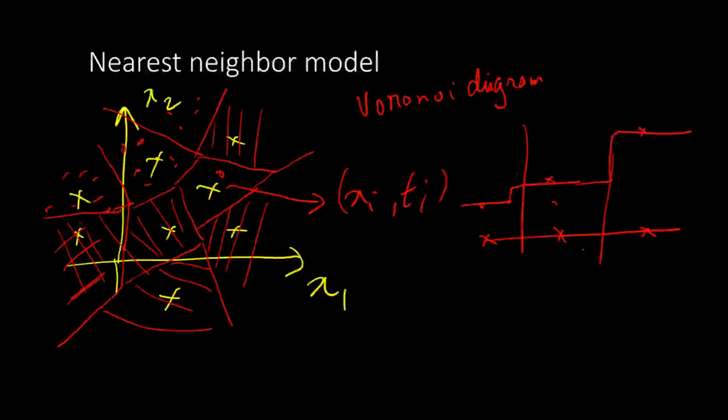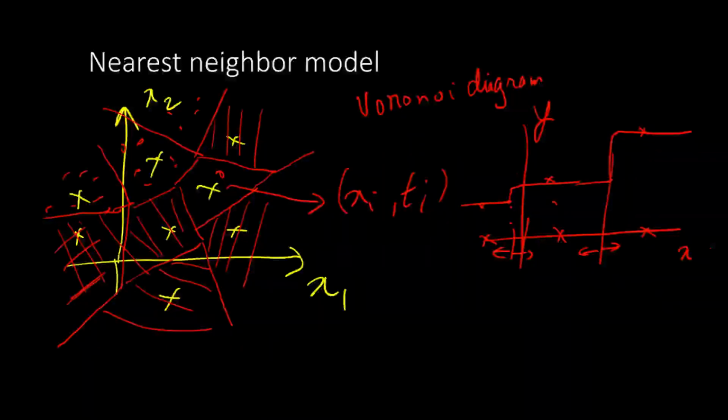So these are the bisectors between the 2 points. At the bisectors we will have these jumps, and that's how we have the Y versus X.